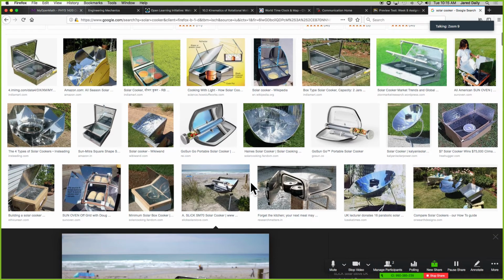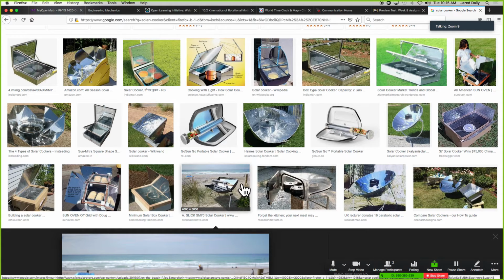But originally the idea was to help people cook in third world countries where there's a real dearth of wood. There's just not much wood around because they've been burning wood so much. This is very much the case in places like Africa, Pakistan, a lot of places in the Middle East actually, where there's just not a lot of wood in general, and a lot of people are still burning wood for heat and for cooking and other things like that.